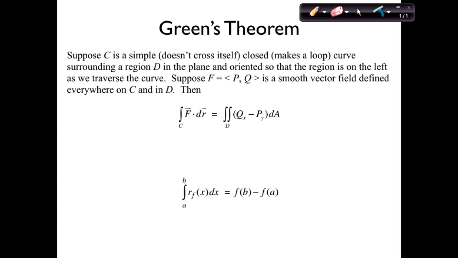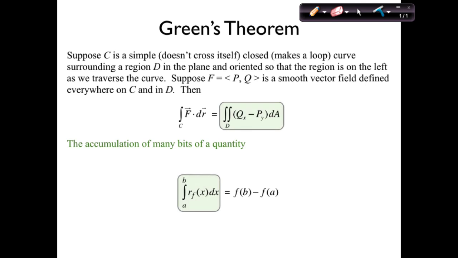Does the right side on the top match up with the left on the bottom and vice versa? The left goes with the right. He wants crisscross. What do you think? Agree with that? I see some nods. Yeah, right. Okay, so the accumulation of many bits of a quantity is this in both cases.